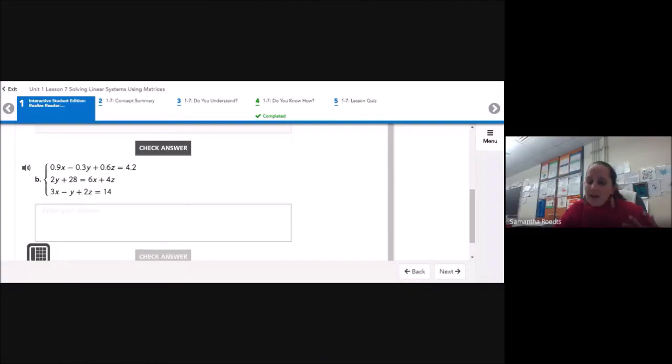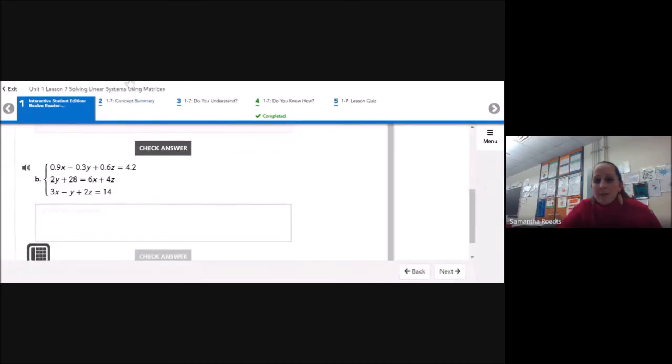Oh, that's fun. These type of things, I really enjoy looking at them as fractions. It makes my head not hurt as much. Okay? So it says x minus 1/3 y plus 2/3 z equals 14/3, and then 0 equals 0 and 0 equals 0. Okay. Red flag right there tells me I don't have individual solutions for everything.